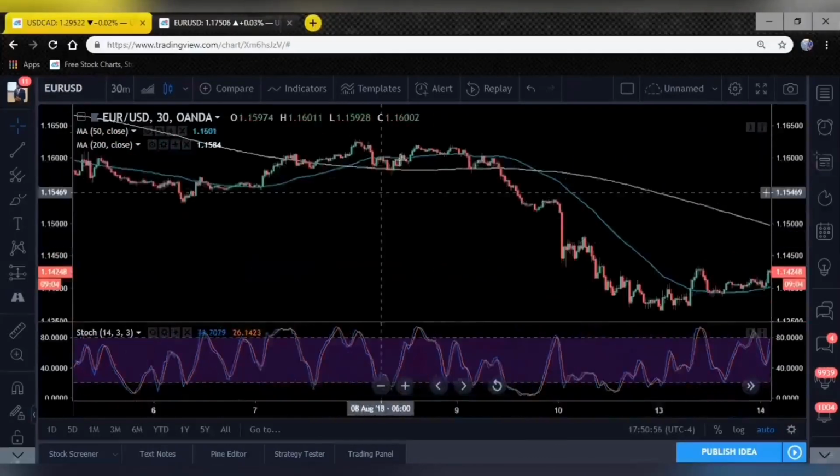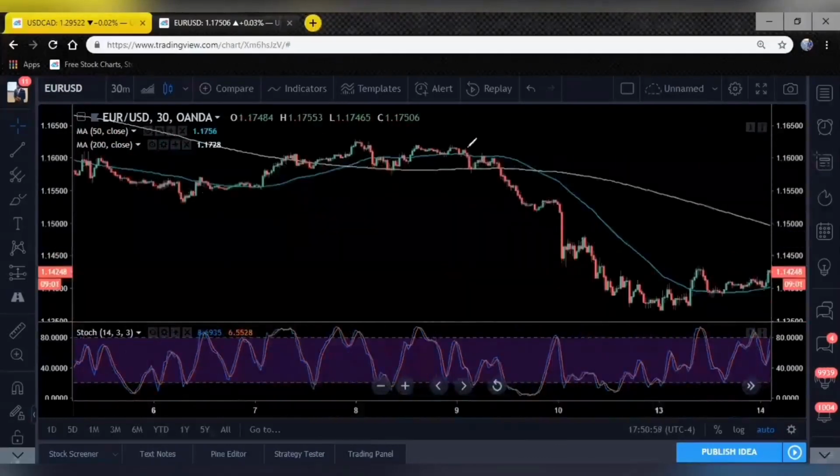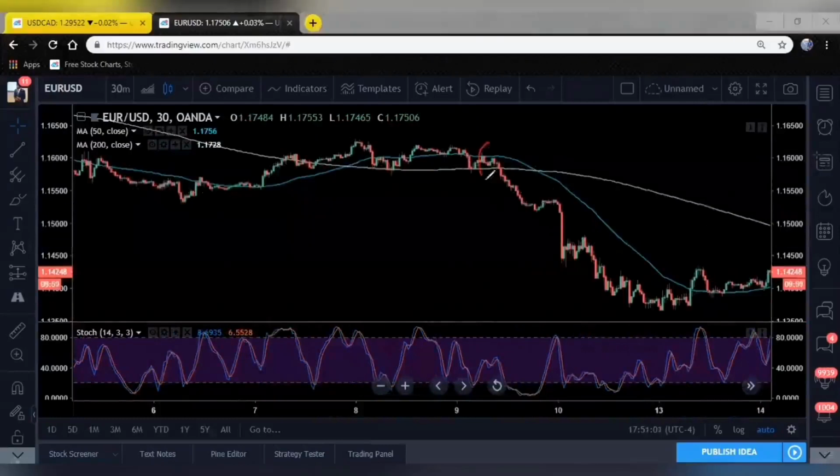For example, here we notice that the 50 moving average crossed the 200 moving average, which caused a downtrend bearish momentum on this particular move. The crossing is an indication that price will continue going in that direction long term.